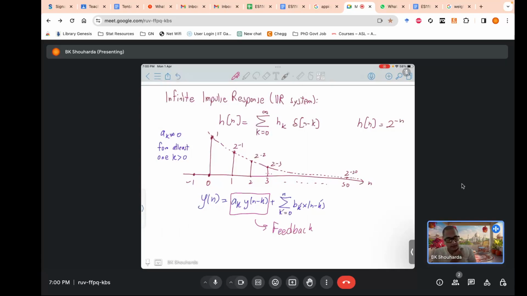So even if x[n] becomes 0 after some time, this part may die down to 0, but because we have the past values, that past value will keep on feeding, and even if it goes down, it will keep on feeding forever. Okay, so that's why we have this infinite impulse response.